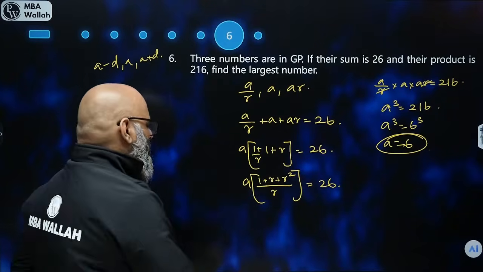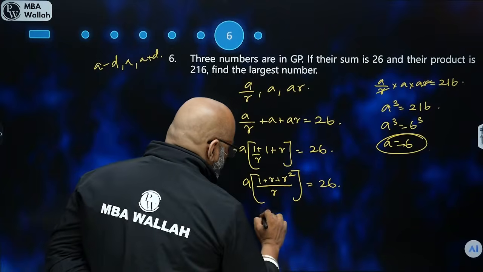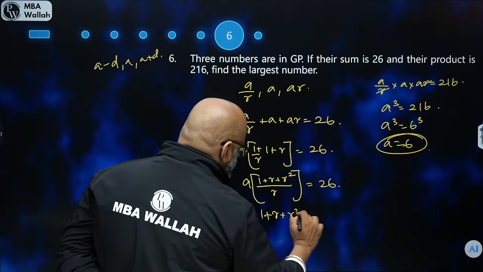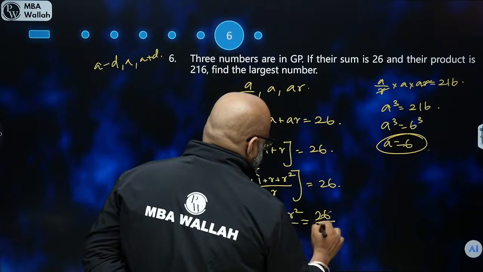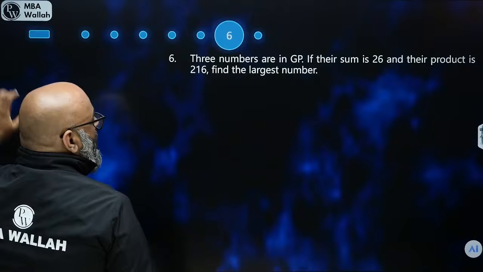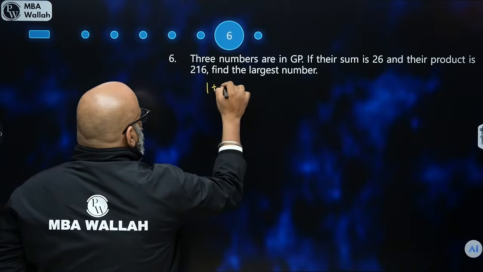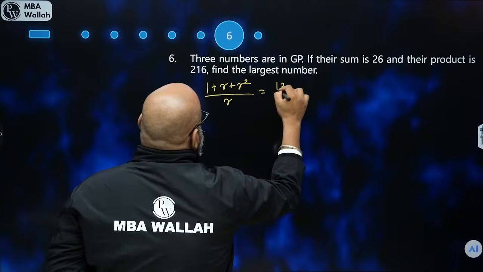Let's happily do it. So I'm going to take this A over here as 6. So you will get 1 plus R square by R is equal to 26 by 6. I can cancel this off. This is 13 by 3. So 1 plus R square by R is equal to 13 by 3.